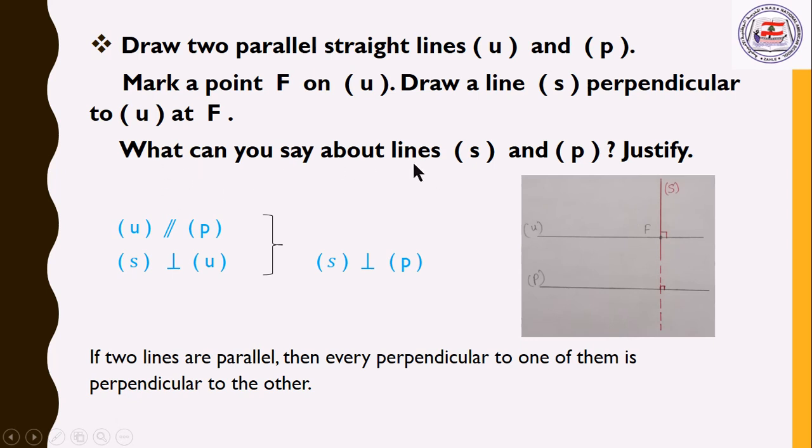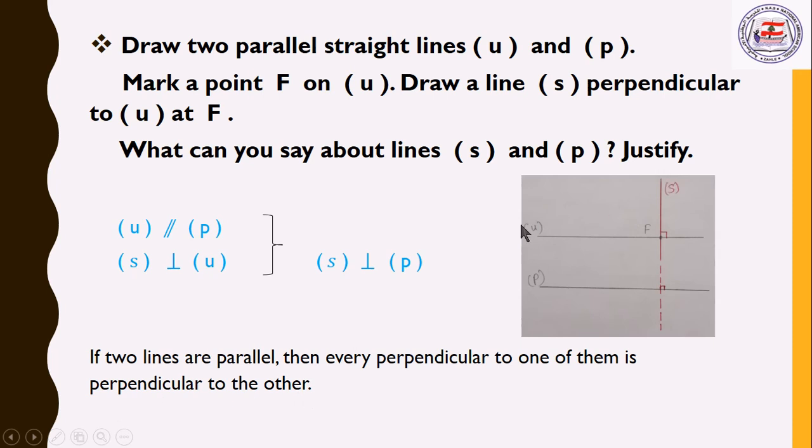What can you say about lines S and P? Justify. First, we have U is parallel to P. S is perpendicular to U. If we continue line S, it will also be perpendicular to P. If two lines are parallel, then every perpendicular to one of them is perpendicular to the other.